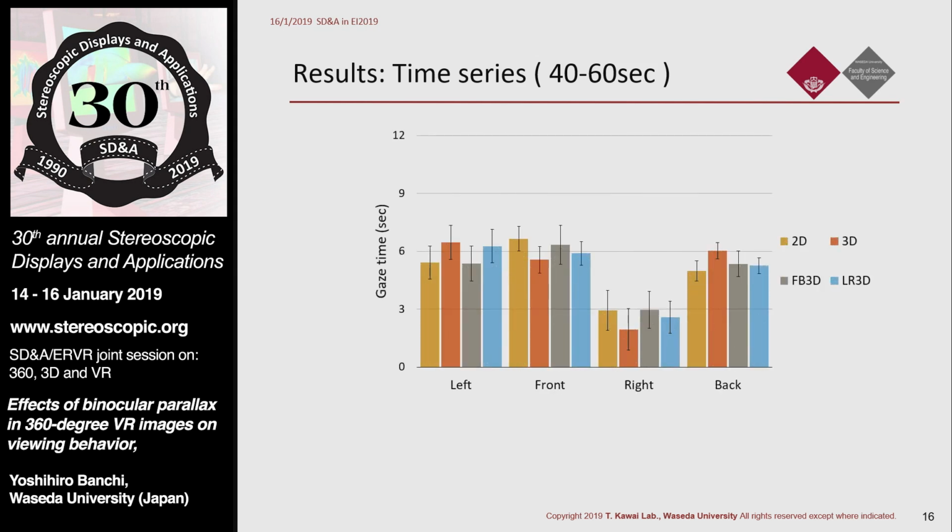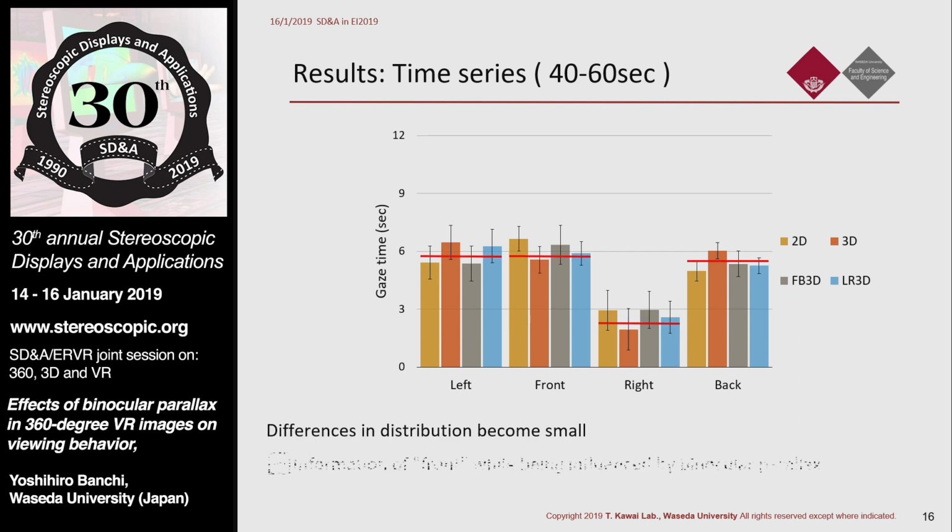This graph is the average of the gaze time from 40 to 60 seconds. From this graph, it seems that the difference in distribution became small compared with the gaze distribution from 0 to 20 seconds and 20 to 40 seconds. Due to the Watson-Wheeler test of circular statistics, it was significantly recognized that it had different distributions among all the conditions.